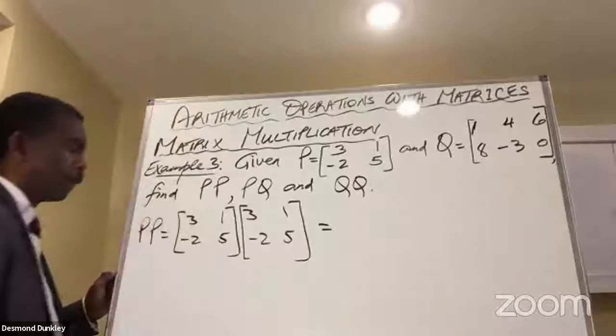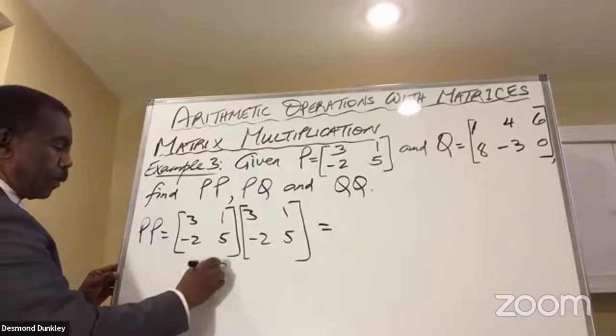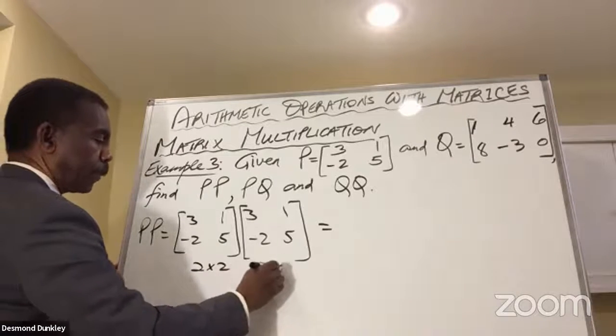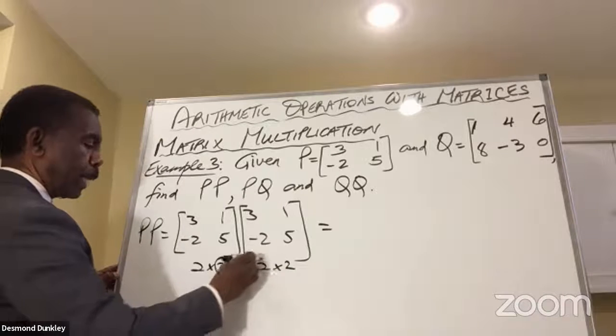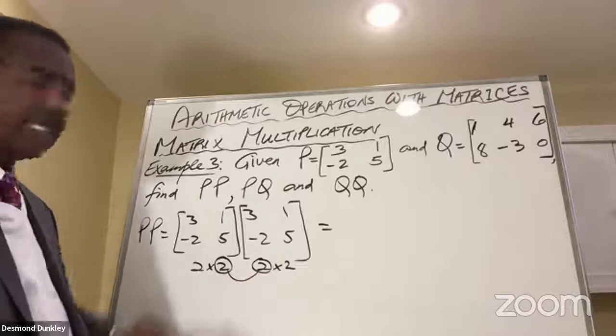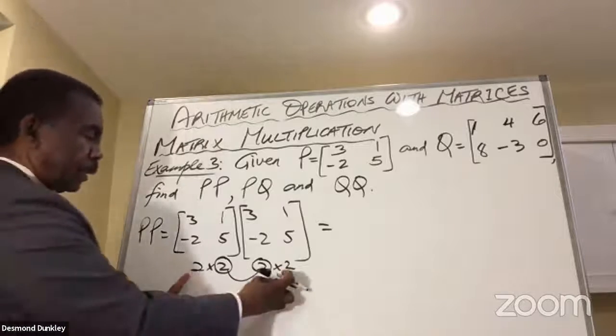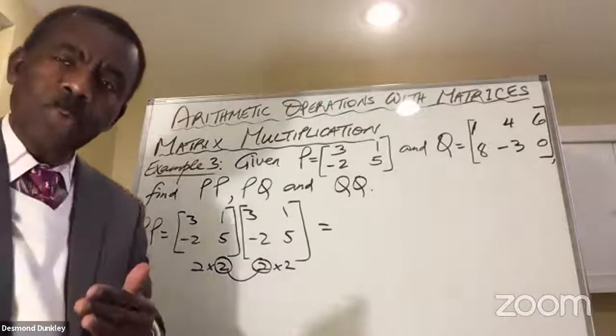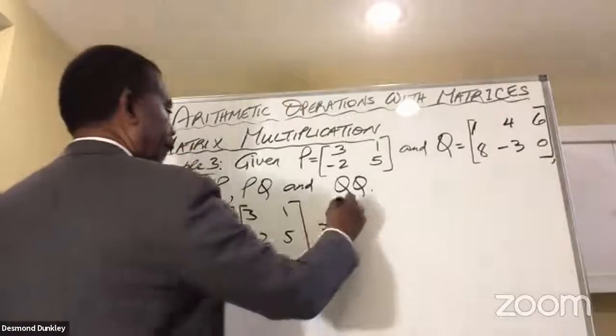So this is a 2 by 2. This is a 2 by 2. So we realize we got our smiley face. So yes, it works. And the result is also going to be a 2 by 2 matrix.